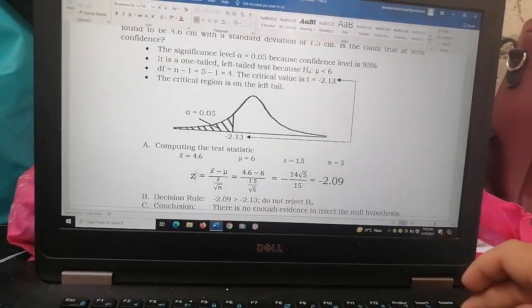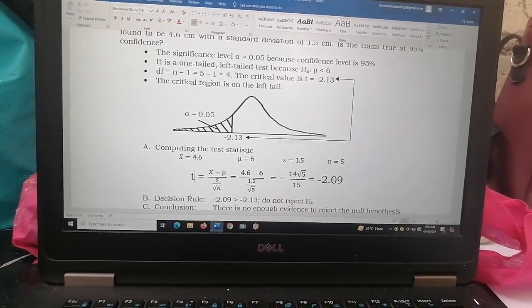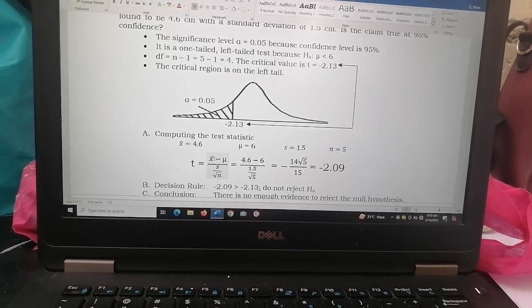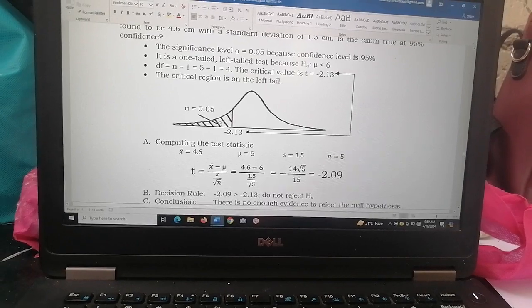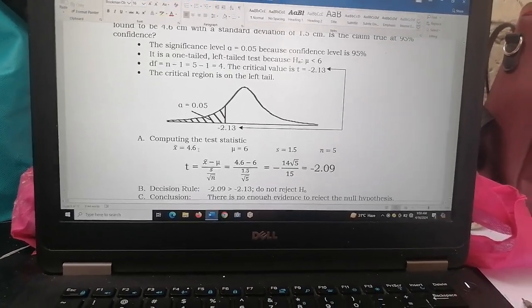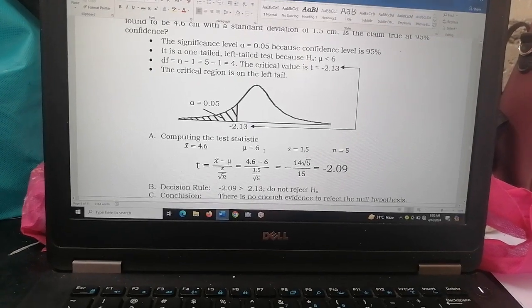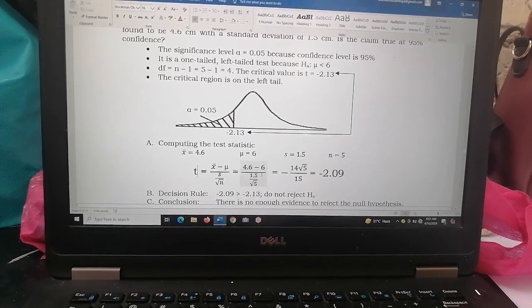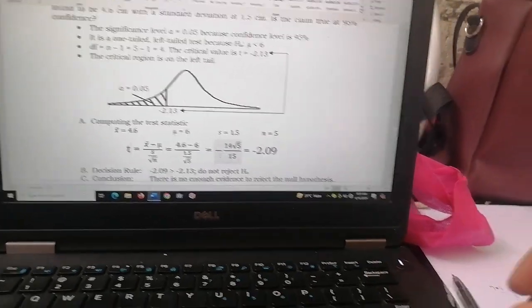Again, this is not Z but T. So T is equal to X, the sample mean of 4.6, minus the population mean of 6, divided by 1.5 divided by square root of 5.